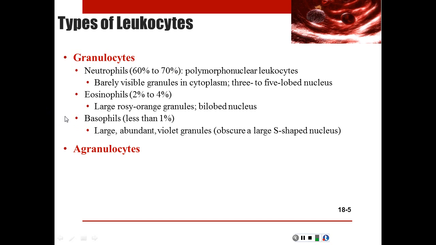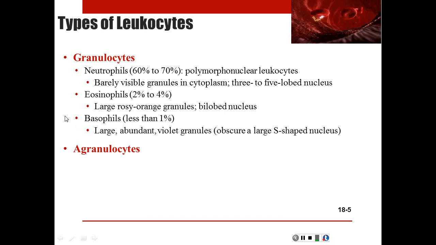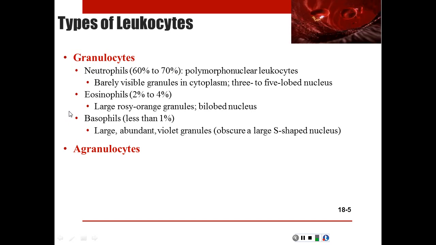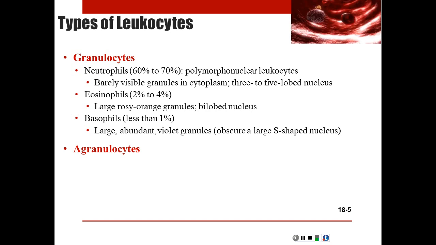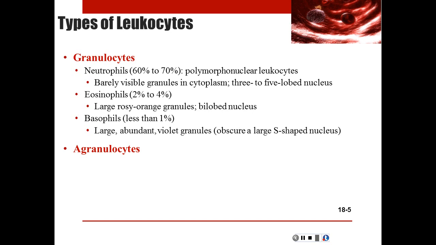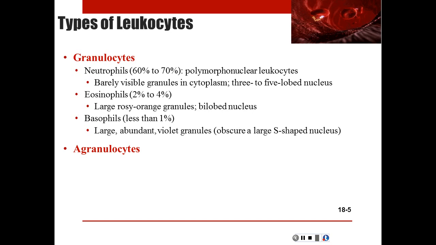The neutrophils have barely visible granules in the cytoplasm, and a 3 to 5 lobed nucleus. The eosinophils have large rosy orange granules, and a bi-lobed nucleus. The basophils have large, abundant violet granules with an obscure, large S-shaped nucleus.